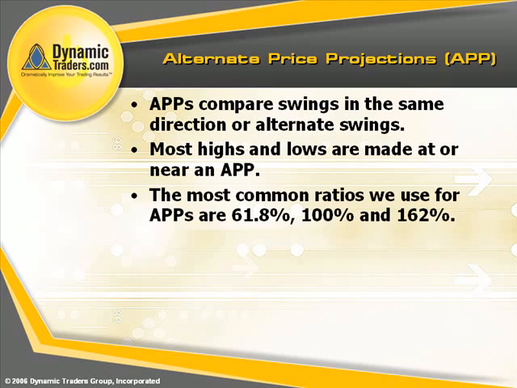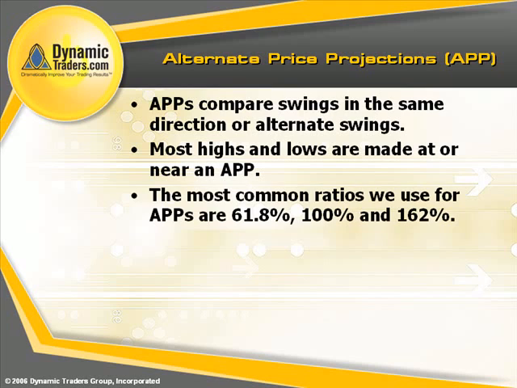Now I'm going to just label this swing down that we have so far. So we're going to go to our alternate price projection menu, just like we did with our retracements, and we're going to make sure that we have the 62, 100, and 162% alternate price projections checked off.